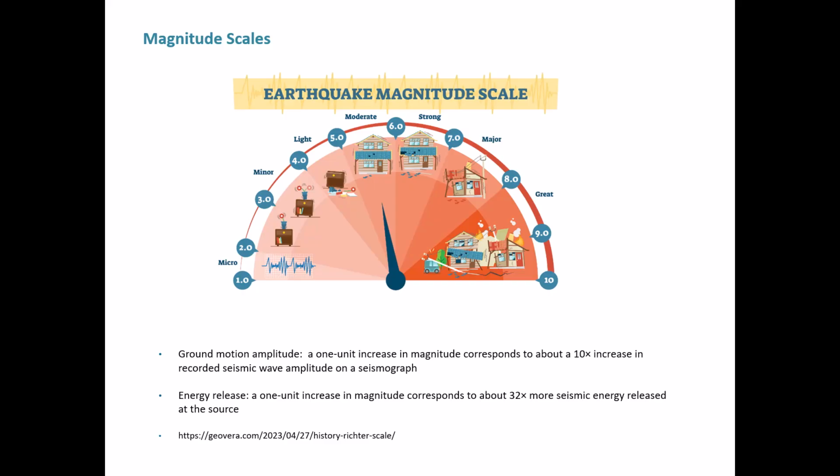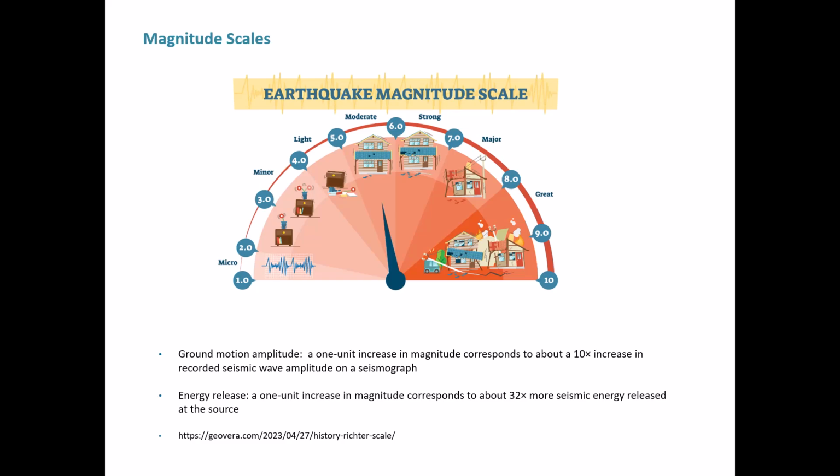Then we get to 5 and 6, where 5 is the threshold for moderate, 6 for strong, 7 for major. Now we're getting damage to houses and structures, and then past 8, we get really widespread catastrophic damage.